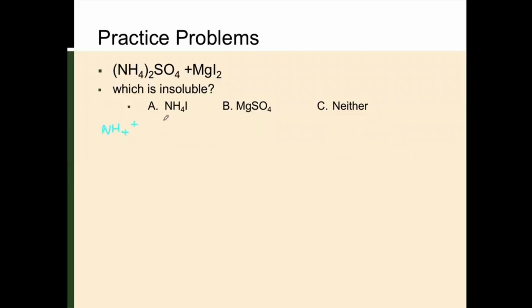So we got two of those, plus our sulfate, SO4 2 minus. Then we have our magnesium, Mg 2 plus, plus our 2 iodide ions, gives us our products, which will be ammonium iodide and magnesium sulfate.